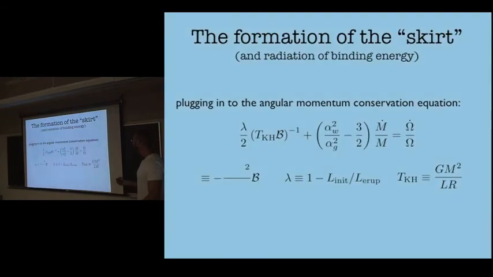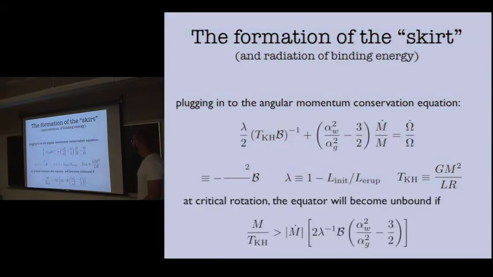So as you can see from analyzing this equation, if the Kelvin-Helmholtz time, which should actually be divided by this constant beta, is small enough, which happens when the luminosity is large enough, then the equator will become unbound.